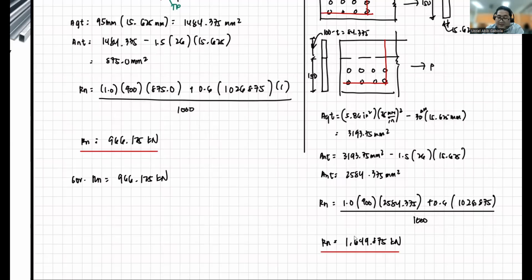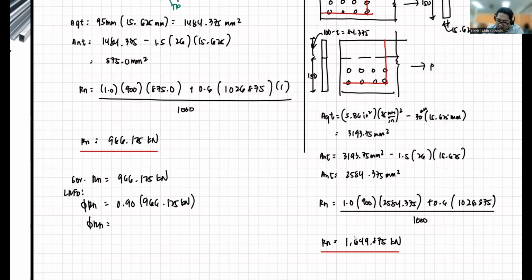Okay? So pinapakuha yung design strength, it should be phi Rn para sa LRFD. Okay? So that is 0.9 of that value. So phi Rn natin is equals to 966.125 times 0.9.